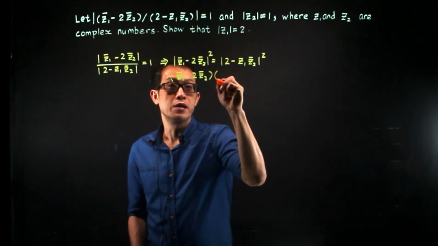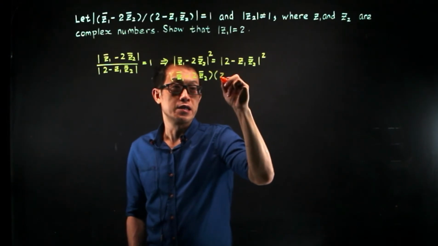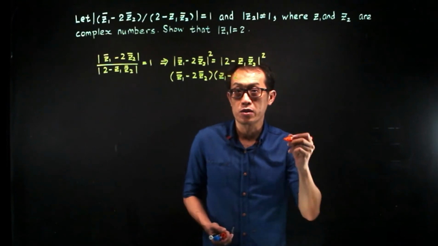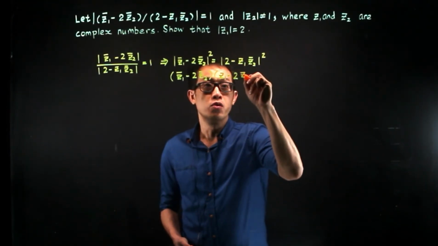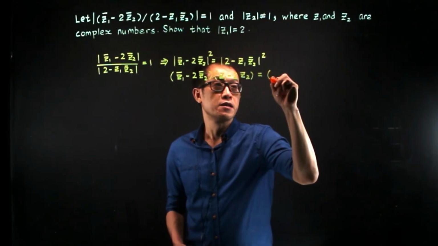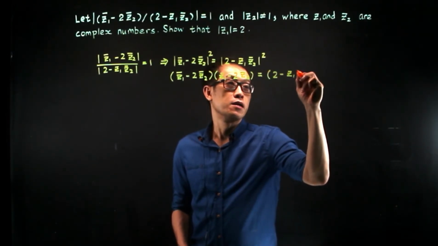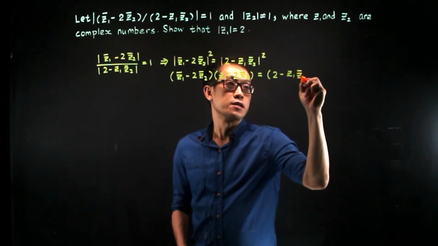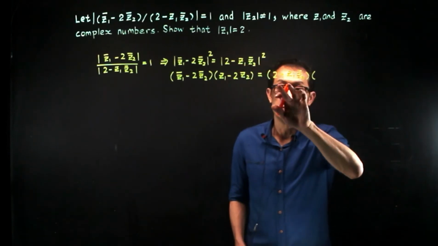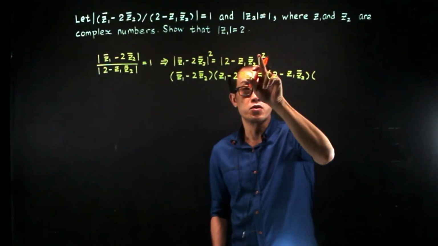All right, that will be the conjugate of conjugate z1, which is z1, minus 2, the conjugate of conjugate z2, which is z2. Now what is this? Same thing, here will be 2 minus z1 times conjugate z2. This one you need to multiply by its conjugate, then you get the modulus squared, all right?